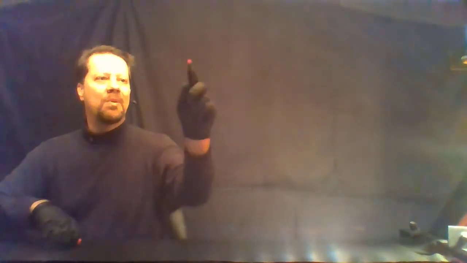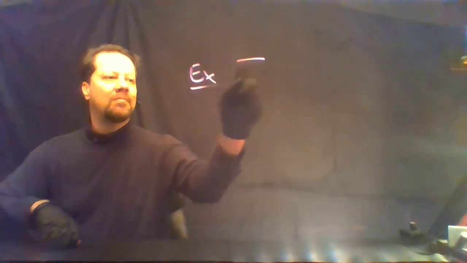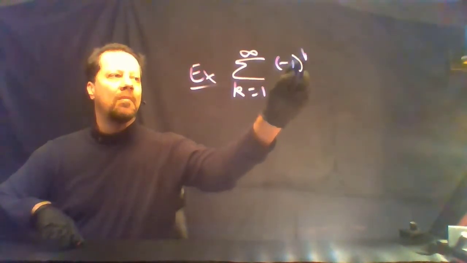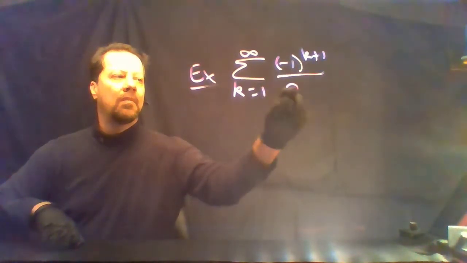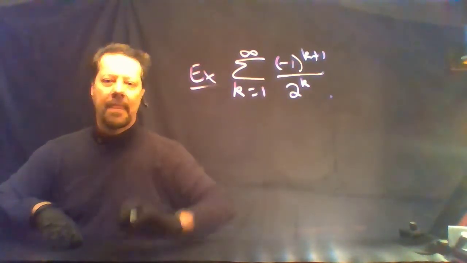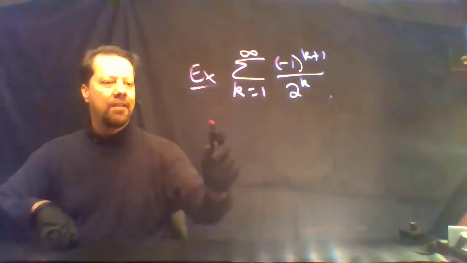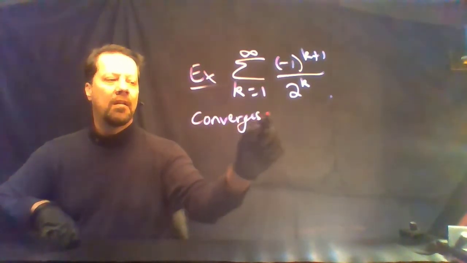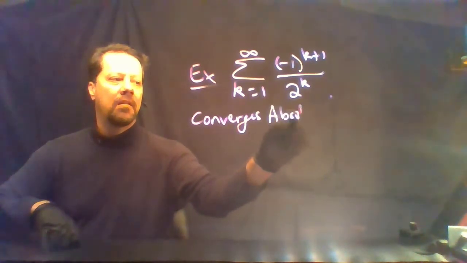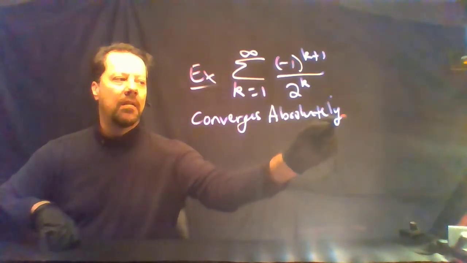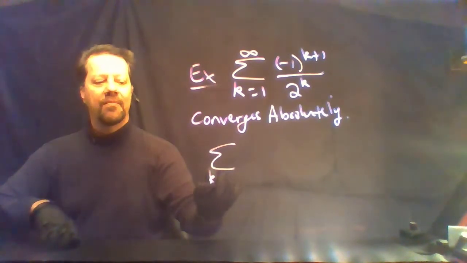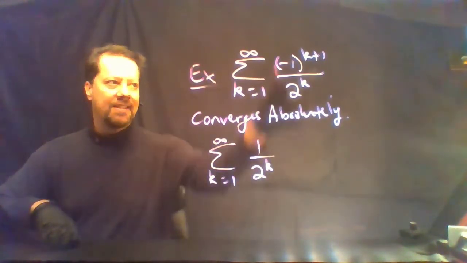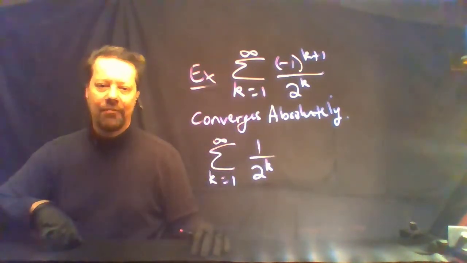As an example, this series converges absolutely. In absolute value, you get the series 1 over 2 to the k, because in absolute value, the negative 1s are all going to go away.